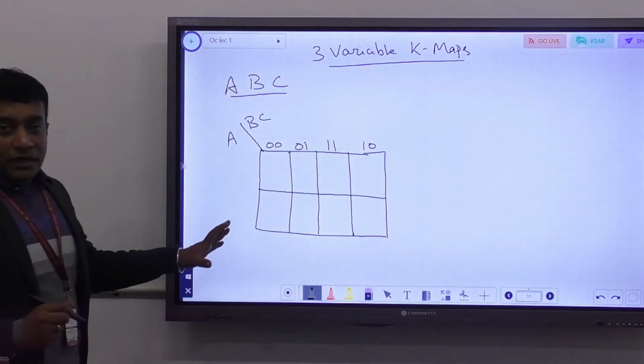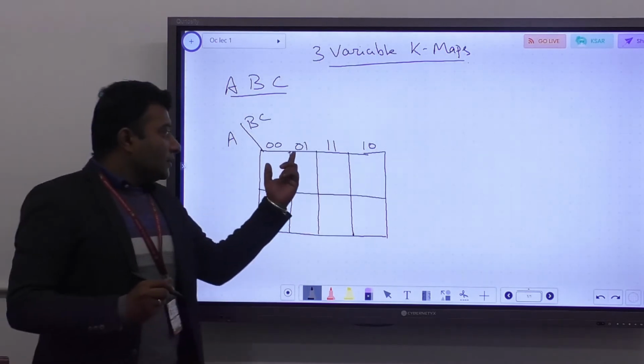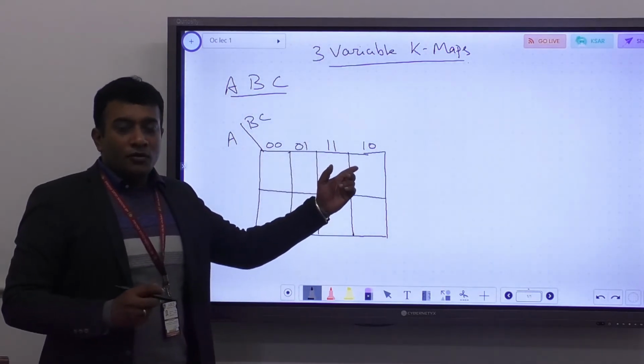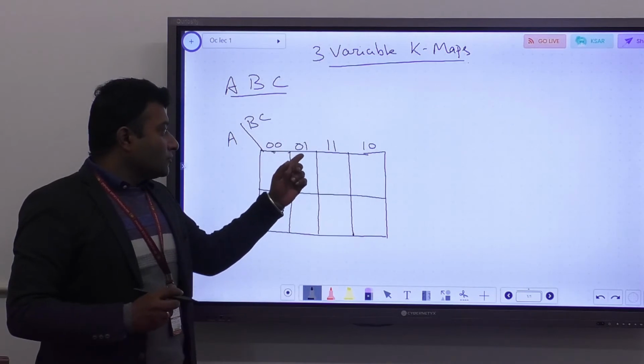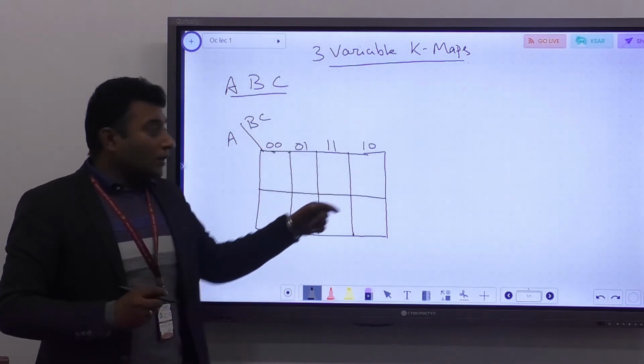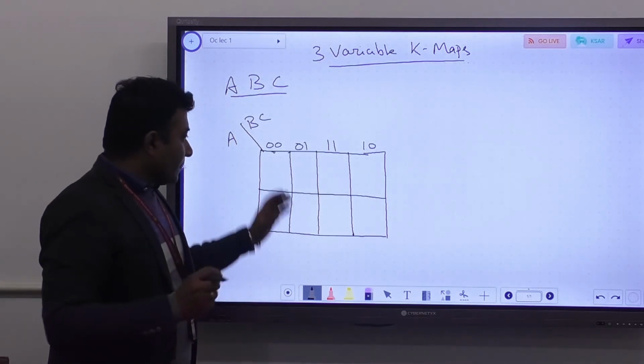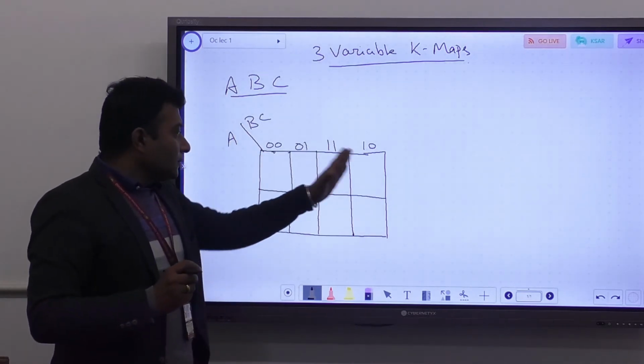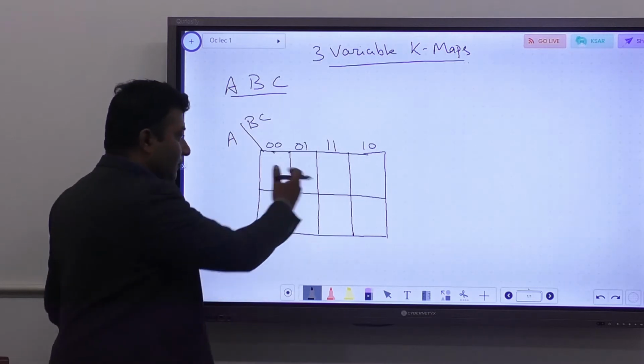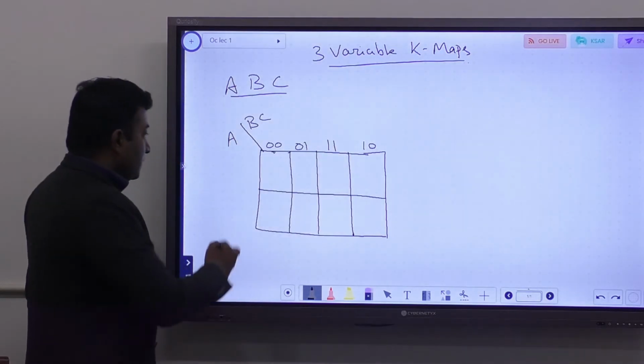When we solve the K-map, we will see why this is in Gray code notation, why this is 0, 0, 0, 1, why not 1, 0 and then 1, 1? It's because we need a difference of just 1 bit in all the corresponding blocks.